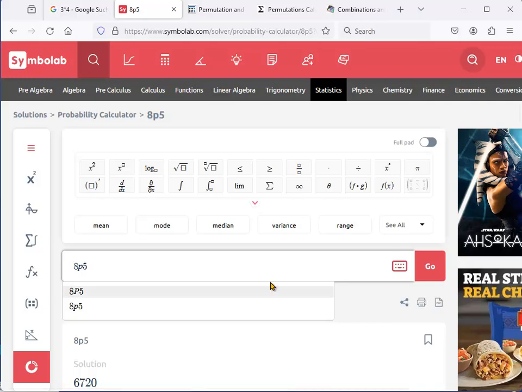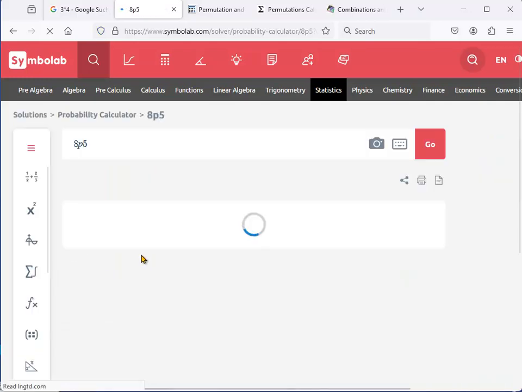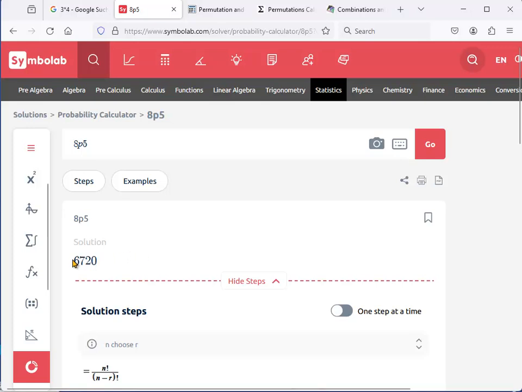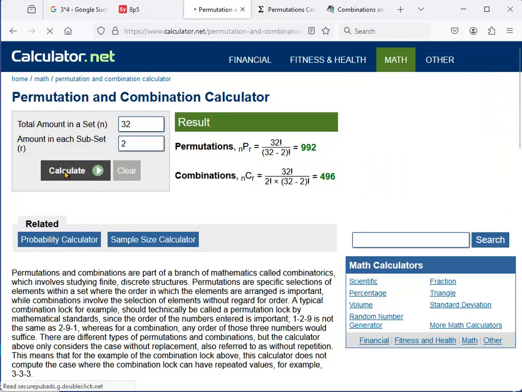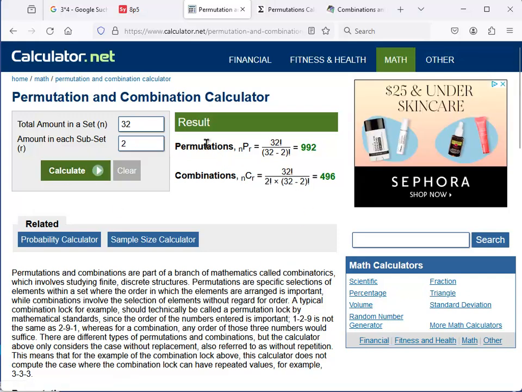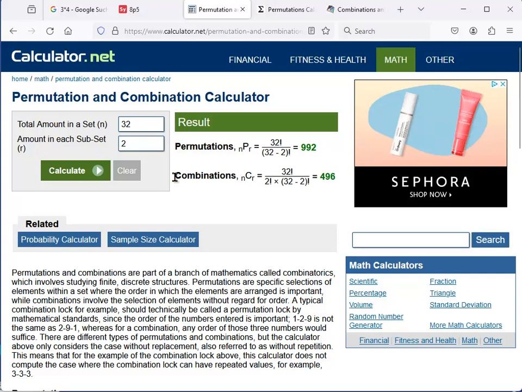It doesn't matter if I use capital P or lowercase p, and there it is, and you can see that one in the book. This one here, there was a 32 and 2, and then click this one here. This one calculates permutations and combinations, which I'll talk about later.